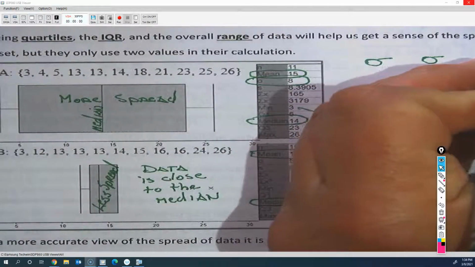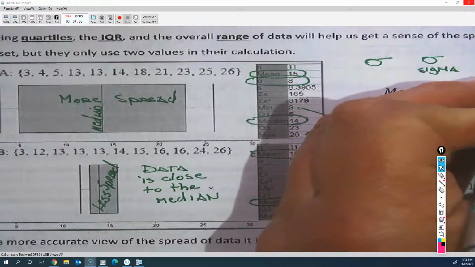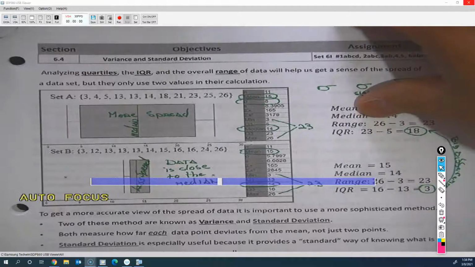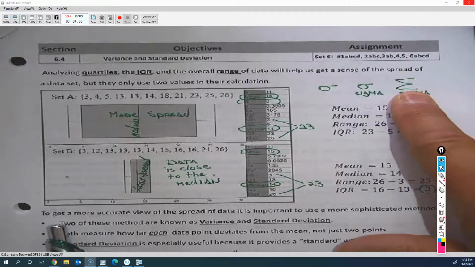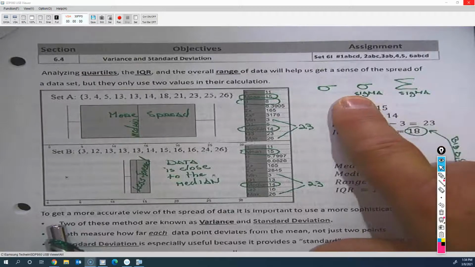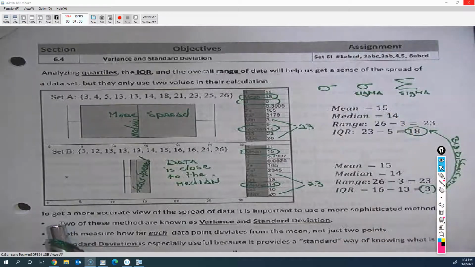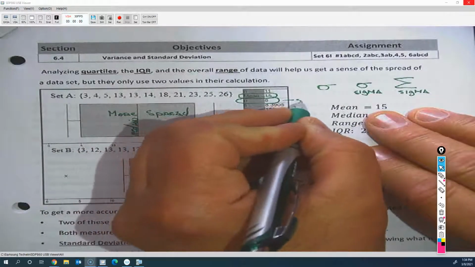This is uppercase sigma. They're the same letter, one's just capital, like a capital S and a lowercase s. So when you see this sign right here, it stands for standard deviation.